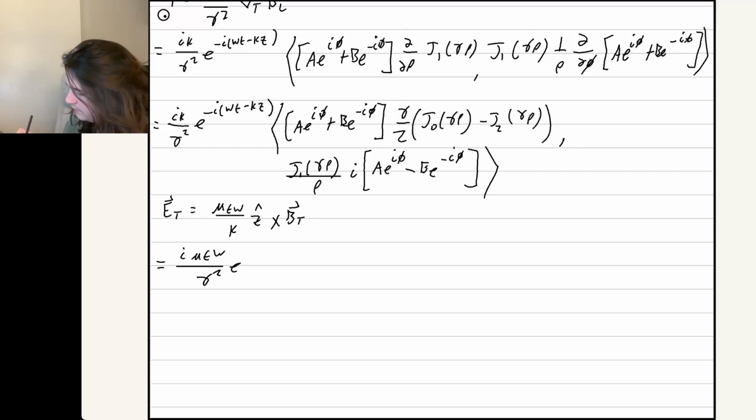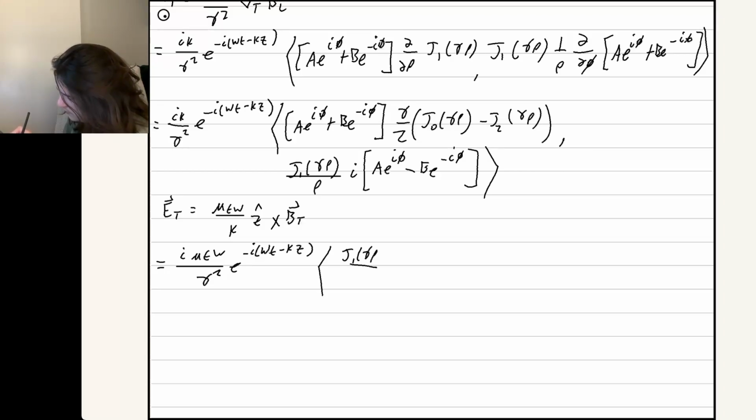You're doing the decay piece, and then you have that it's J1(gamma rho) over rho times i A e to the i phi minus B e to the minus i phi.